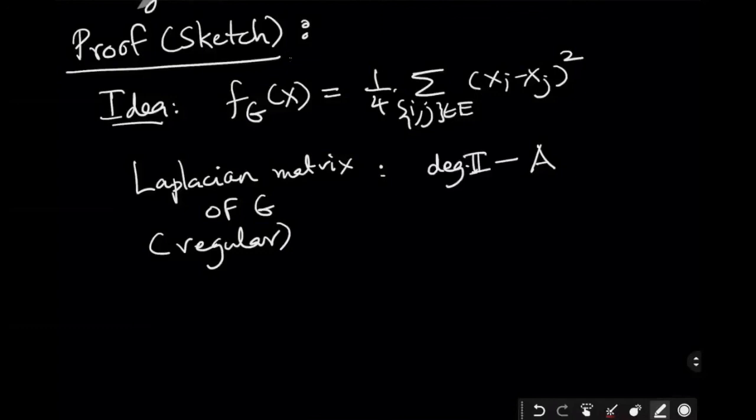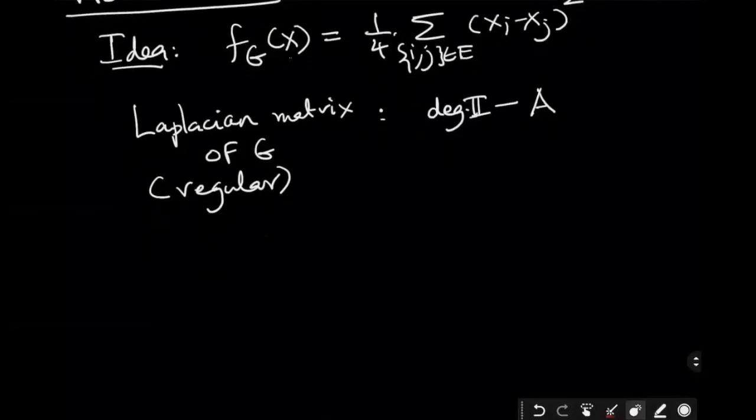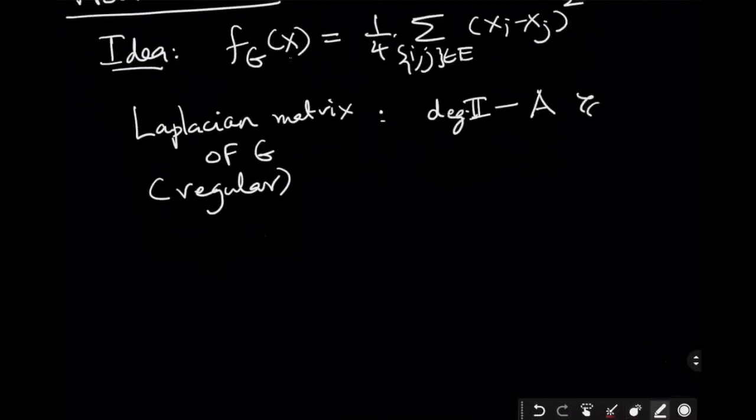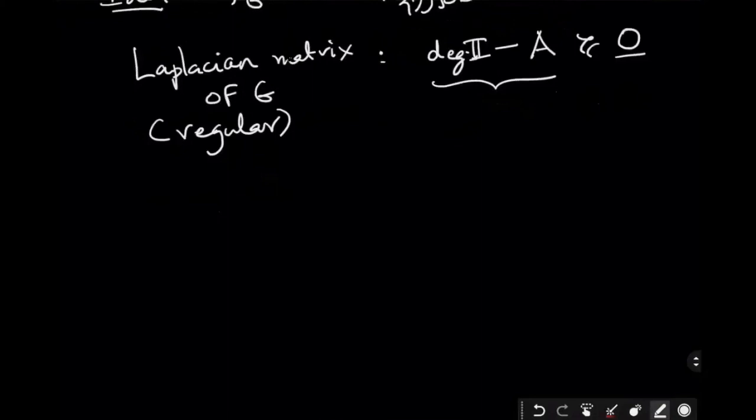Why am I doing this? The nice fact is that this shifting makes this matrix always positive semi-definite. It's not very hard to prove that this matrix is always positive semi-definite, and I'll actually prove that to you in a second. Let's write it down more carefully.